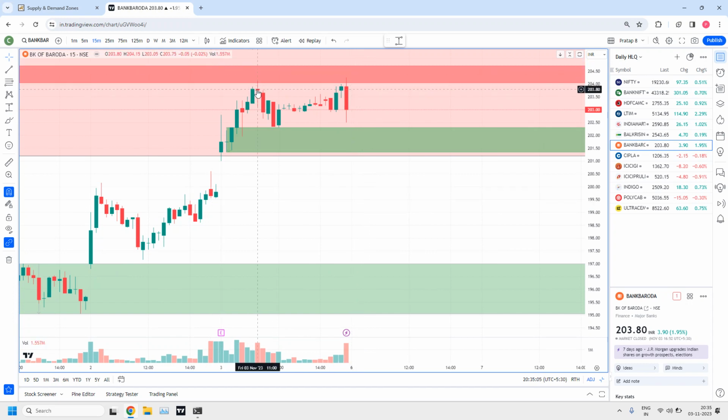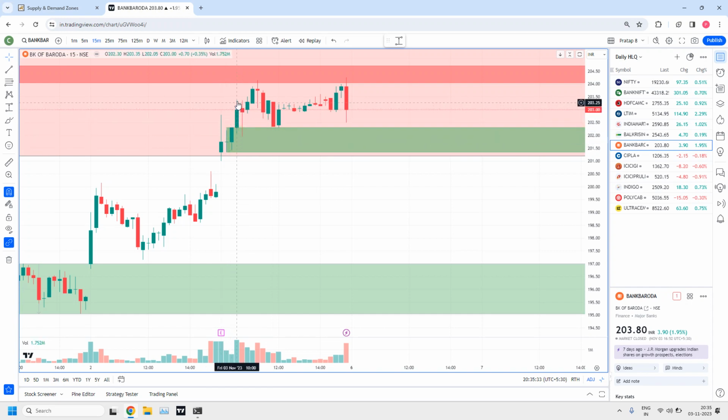We got an entry at 11 o'clock and reached the target at 11:45, a 45 minutes trade. Why is this the target? Because we have a rally candle, see here, with a gap, and we have a base candle, and this is also looking like a base candle, but okay, it is acceptable because this size is almost the same as this base candle.